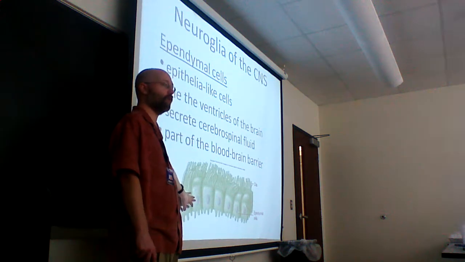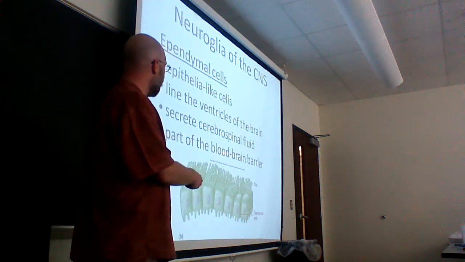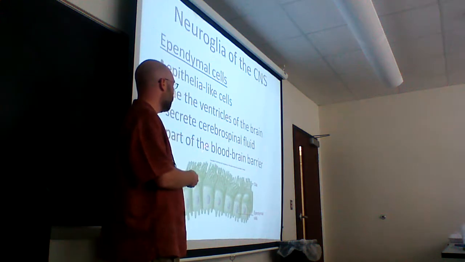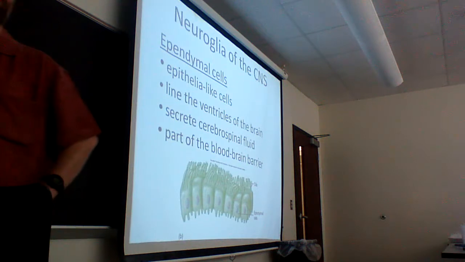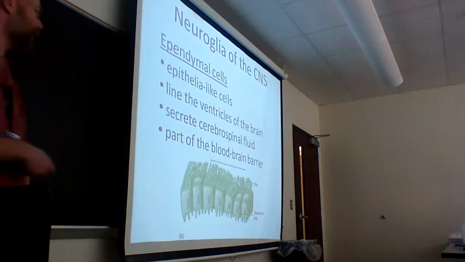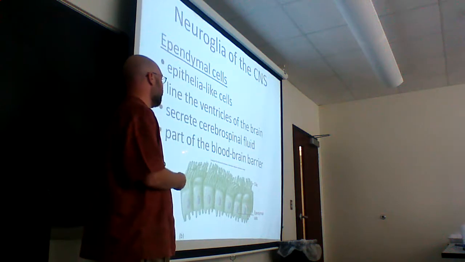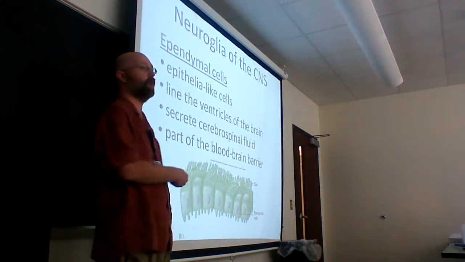These are nervous tissue, so this is neuroglia. They line a very special set of blood vessels called the choroid plexus. We'll see that in another slide or two. And they filter the fluid from those very special capillaries, and they use it to produce the resulting cerebrospinal fluid.